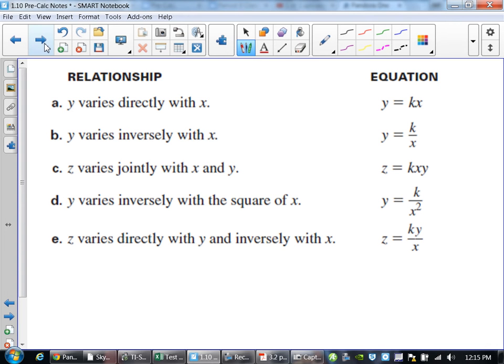And then z varies directly with y and inversely with x, so k times y divided by x. That's it. I know all of you did these, and they were really easy. It's just that you can have more than one going on at the same time.